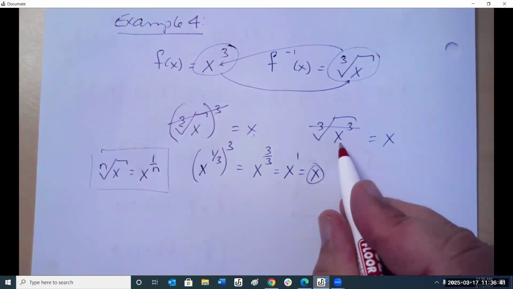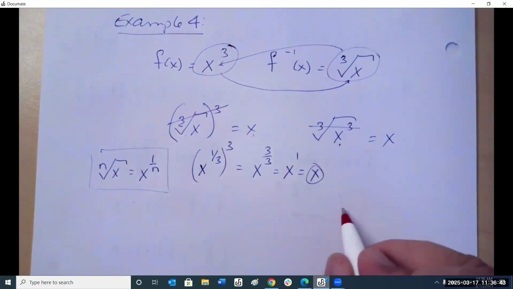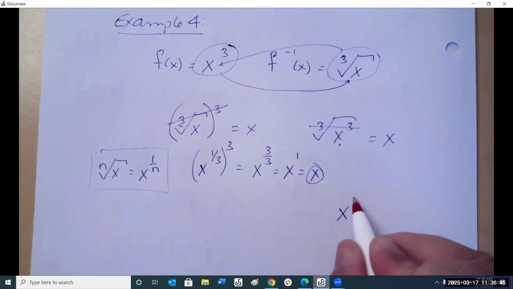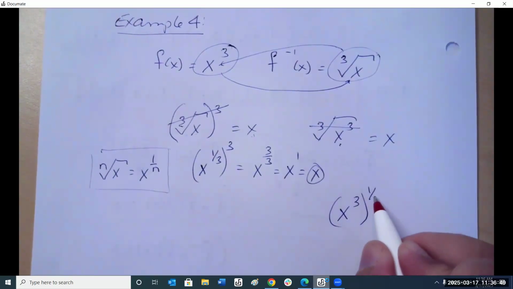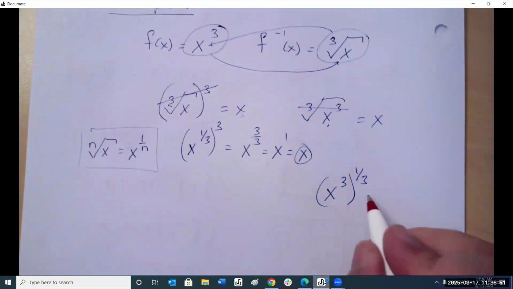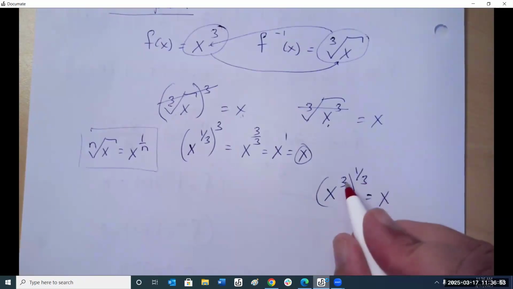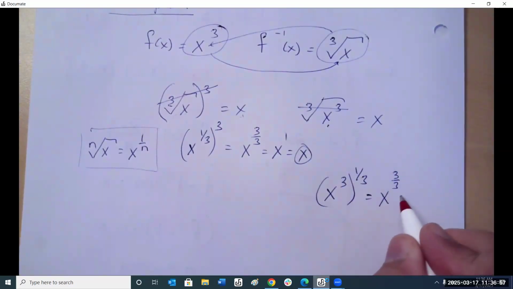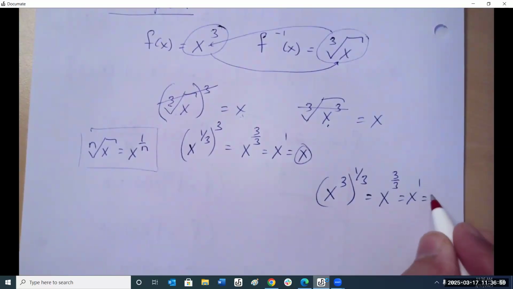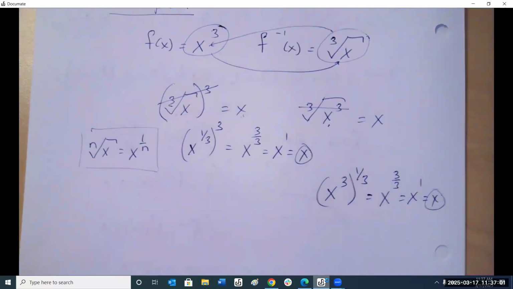Same thing here. So we have x cubed, and since it's inside there, it's to the power 1/3. Power to a power you multiply, so it's 3/3. That's how you prove it.